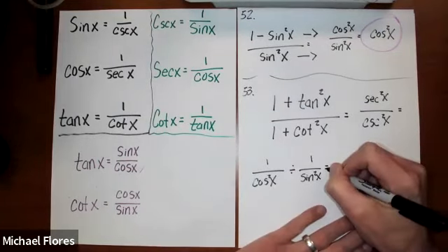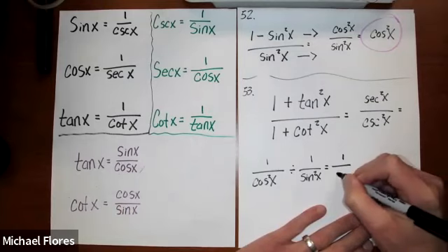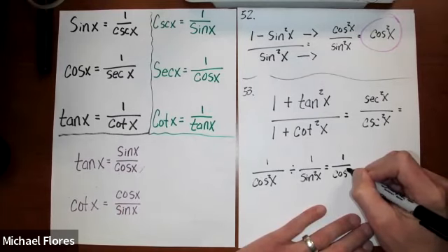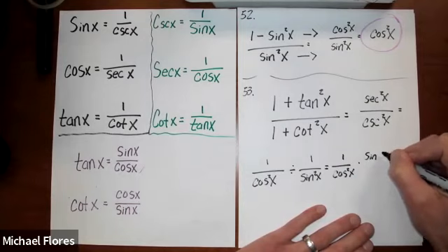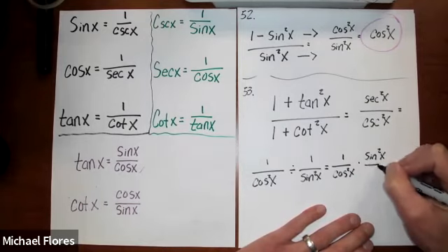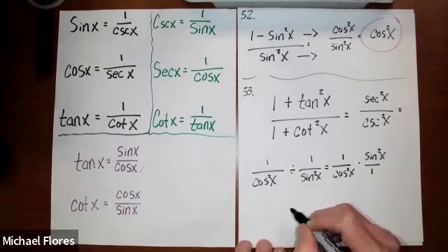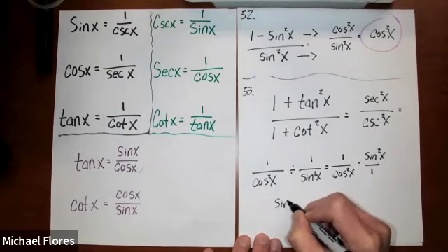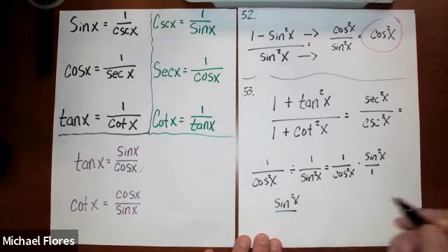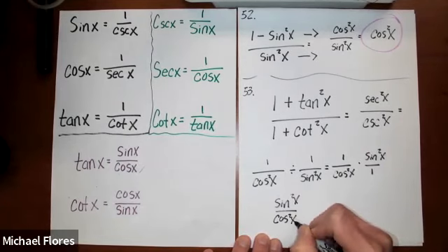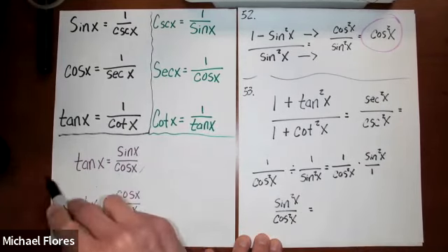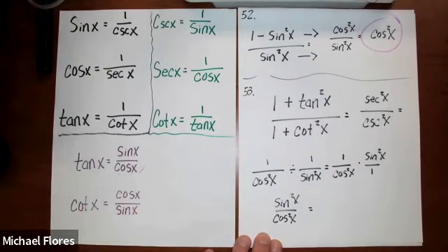Now go ahead and do keep, change, flip. If you multiply this out, and then here you have the quotient identity.